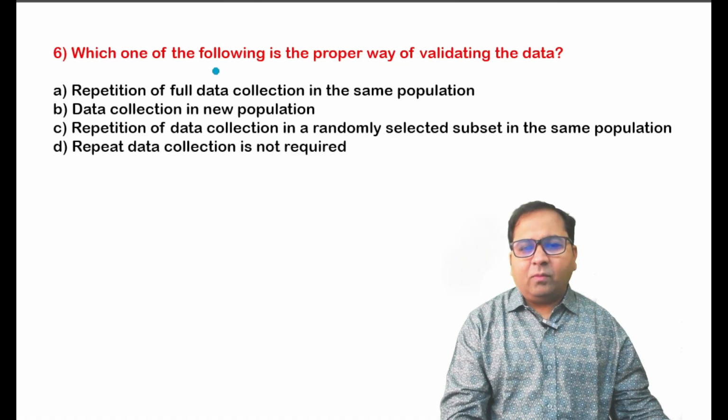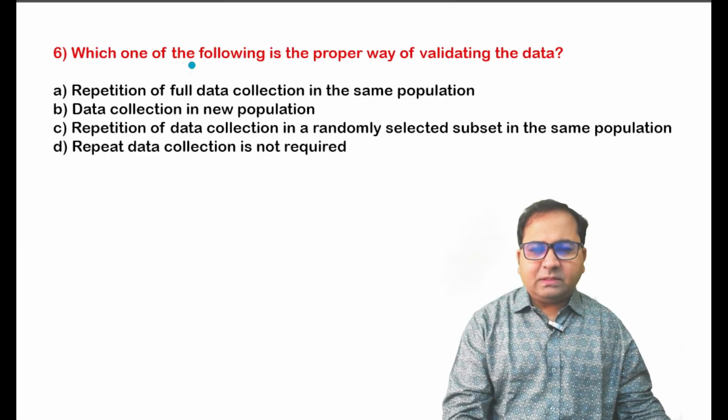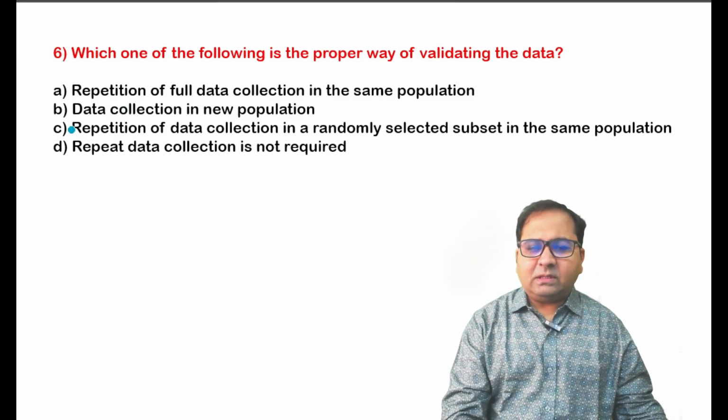Next question. Which one of the following is the proper way of validating the data? The options they gave are A. Repetition of full data collection in the same population, B. Data collection in a new population, C. Repetition of data collection in a randomly selected subset in the same population, or D. Repeat data collection is not required.